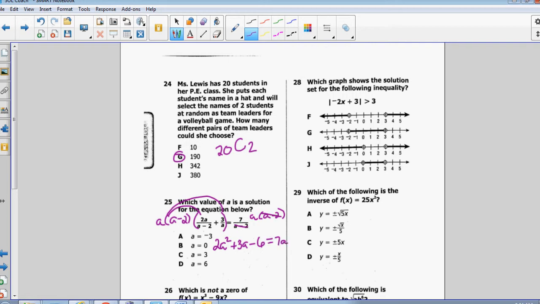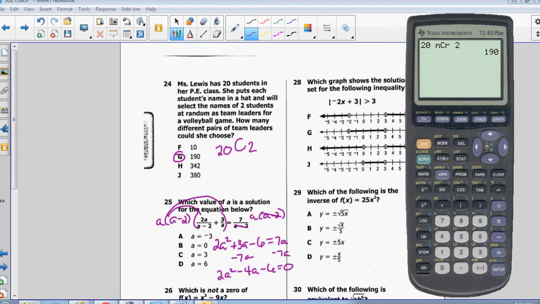So you want to get one side to be 0 because this is a quadratic equation, and you get 2a squared minus 4a minus 6 equals 0. Now if you were going to factor this, you would divide both sides by 2 first, and then you'd factor. But remember that you can also graph this on the calculator.